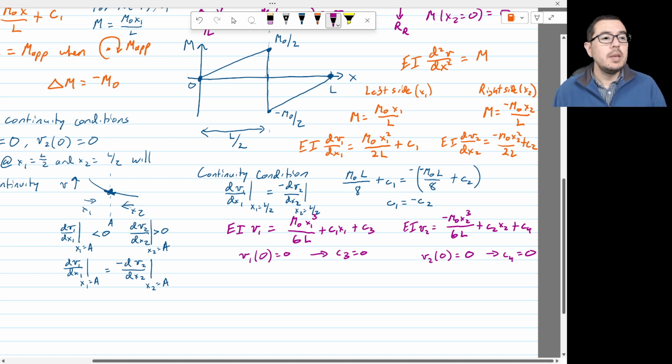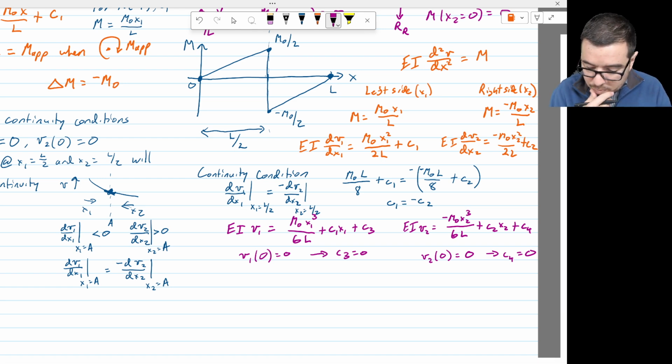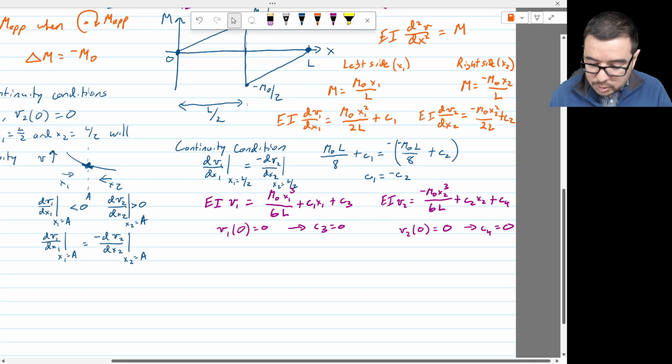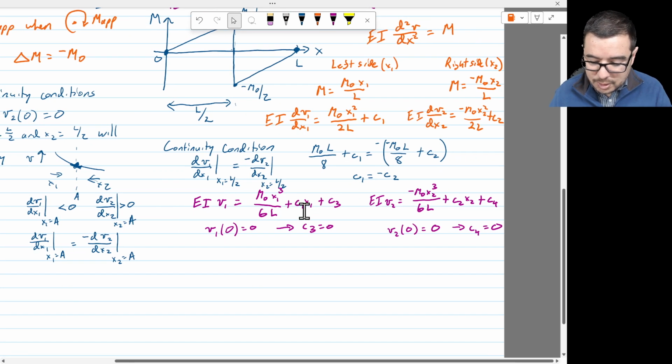So that's good, but we still have our c1 and our c2. This boundary condition is kind of interesting, but it doesn't help us get where we need to be.